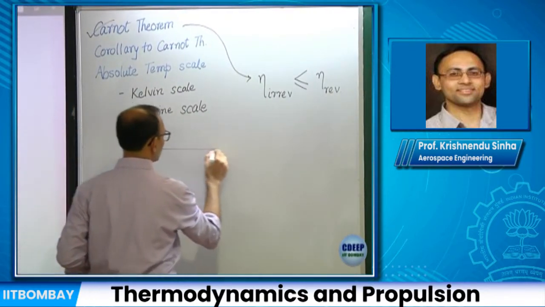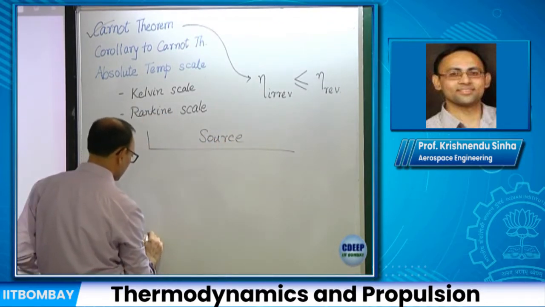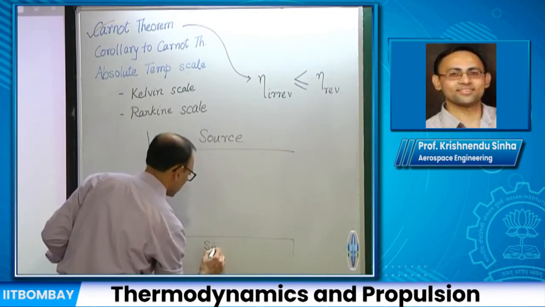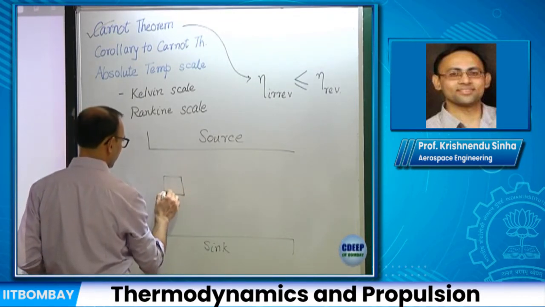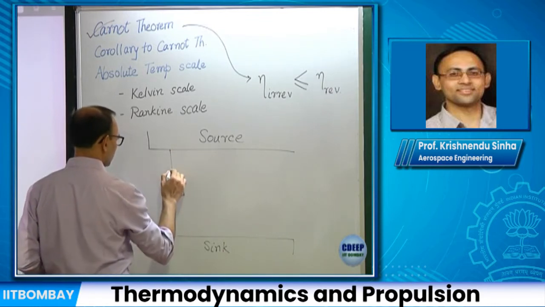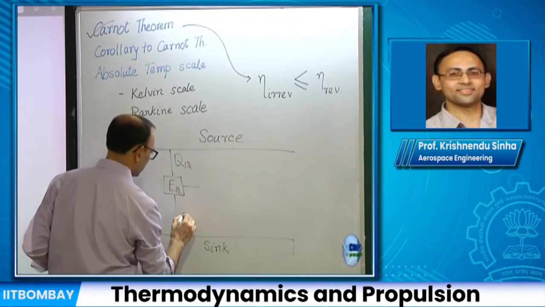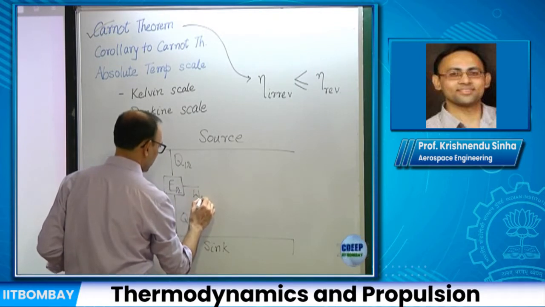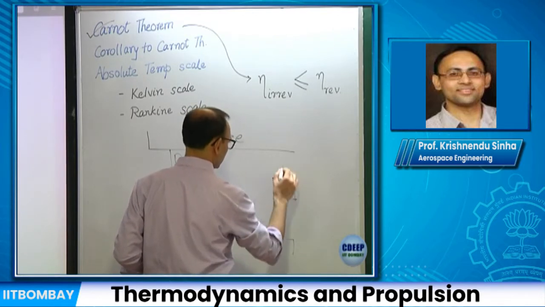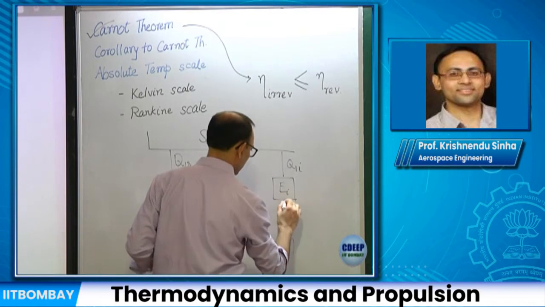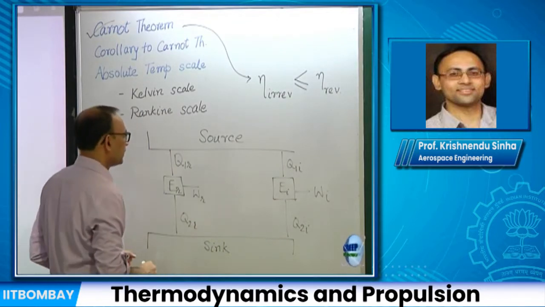We said if we have a source and a sink, and we have a reversible engine ER, Q1R, Q2R and WR, and we have an irreversible engine EI, Q1I, Q2I and WI. You can place the arrows appropriately.